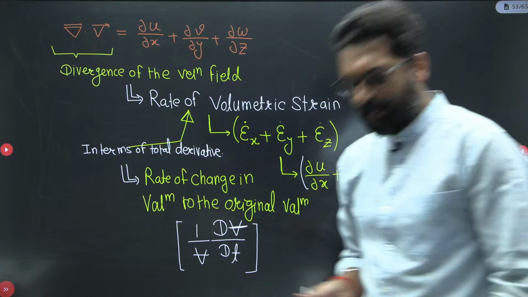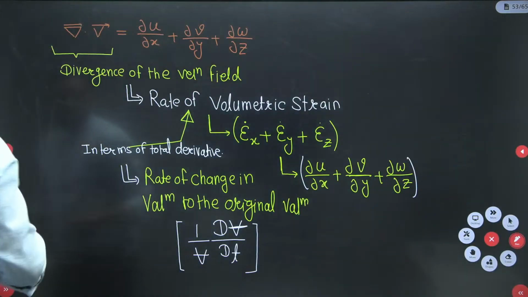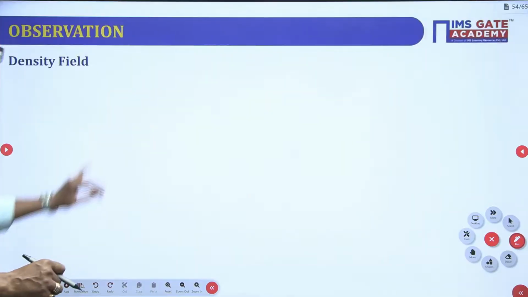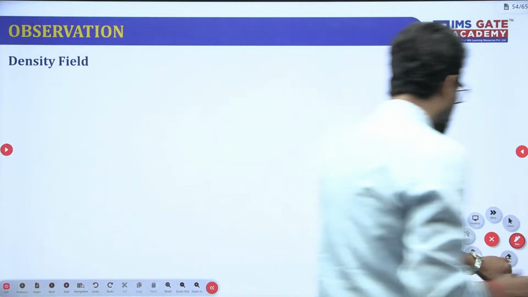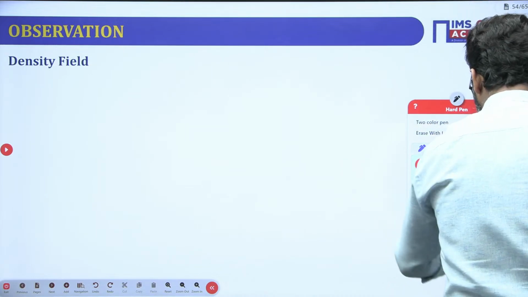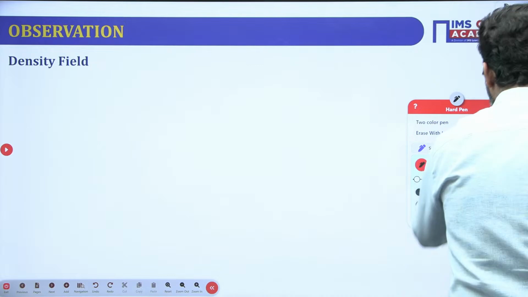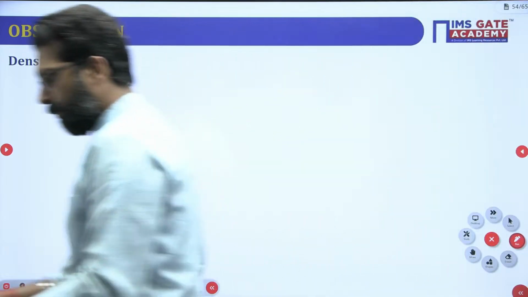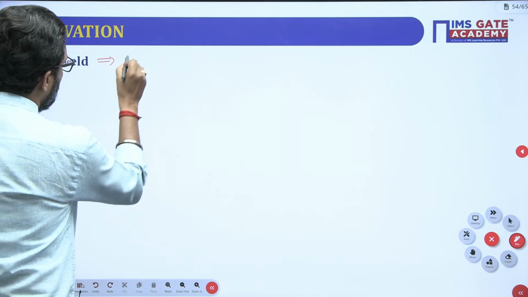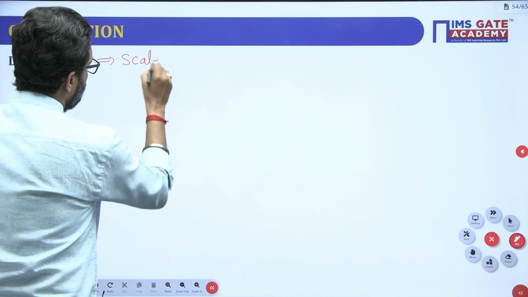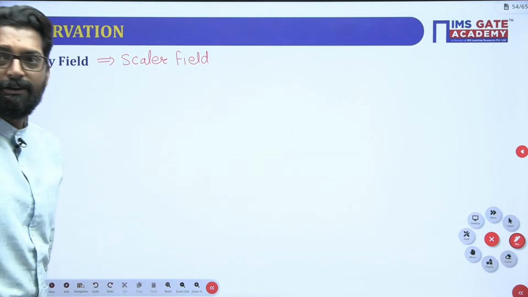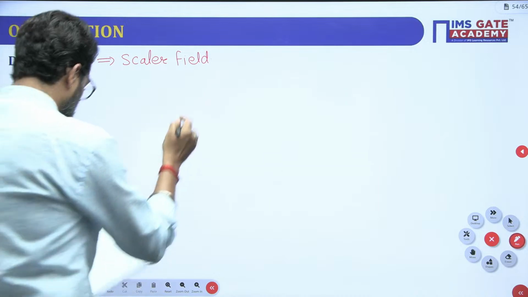Now, if you have a density field, and the density field is a scalar field, beta. Density field is your scalar field, and what is that field?